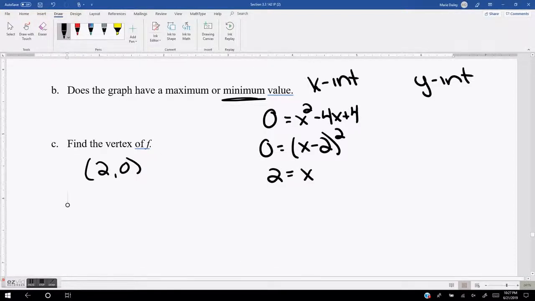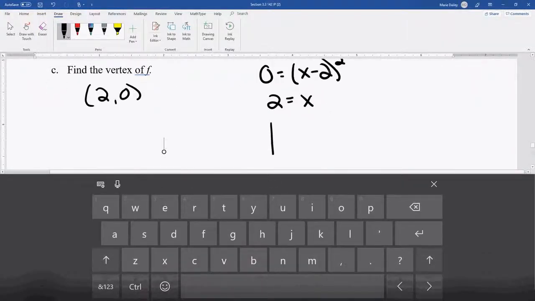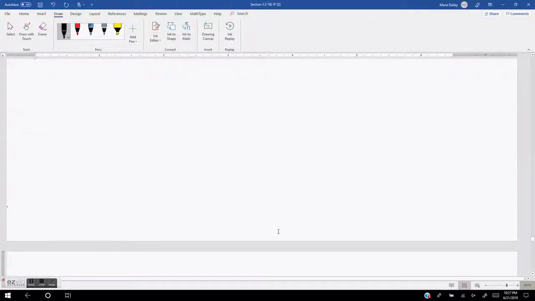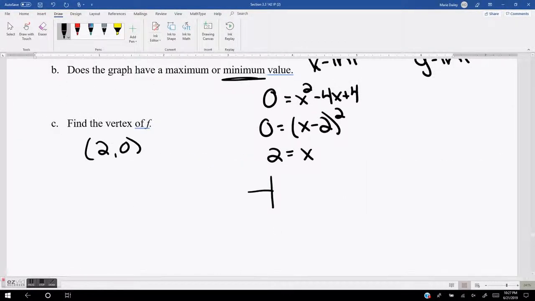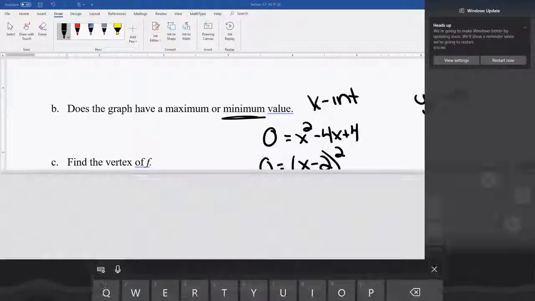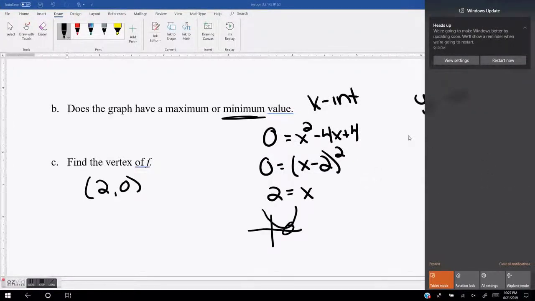We get a multiplicity of 2, which means the vertex is on the x-intercept, which means we only touch the x-axis one time. So in other words, the graph is going to look something like this, in which it only kisses the x-axis at one particular point.